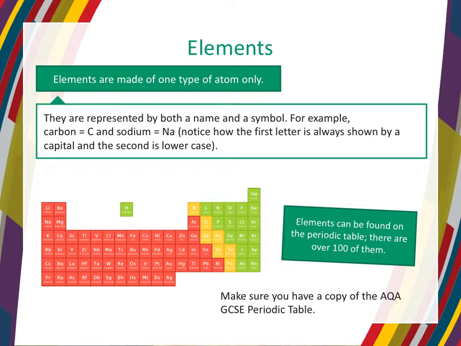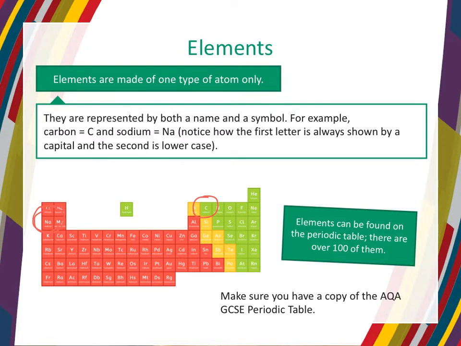They're just different types of atoms, and each one is slightly different because it has a different number of protons in the nucleus. So we represent them with a name on the periodic table and with a symbol as well. Okay, so for example, carbon just there has the symbol C, and sodium over here has the symbol Na.